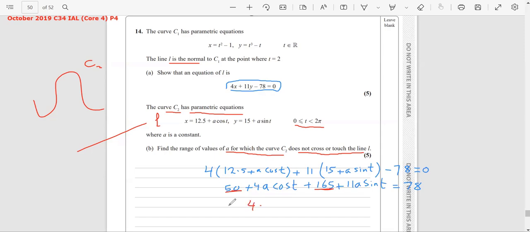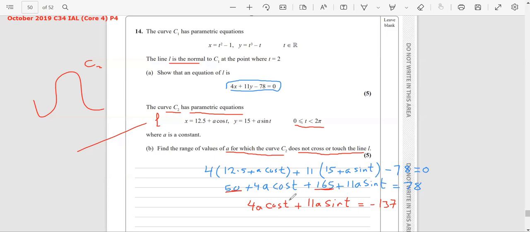So you're going to have 4a cosine t plus 11a sine t is equal to, 165 plus 50 gives 215, and if you shift it to the other side, 78 minus 215 gives negative 137.